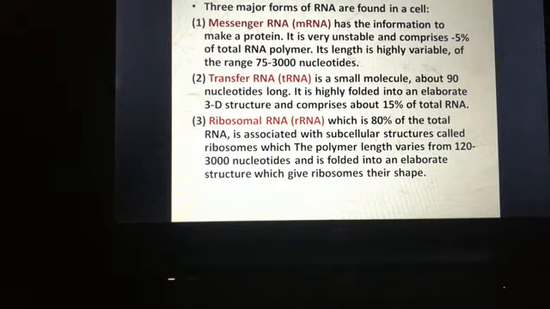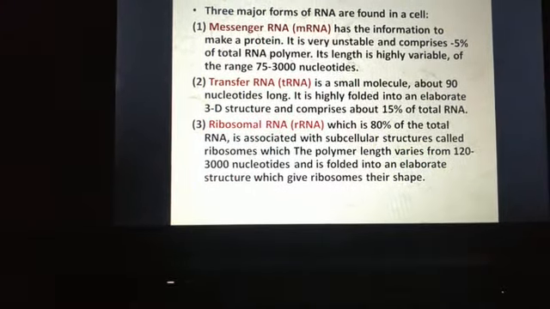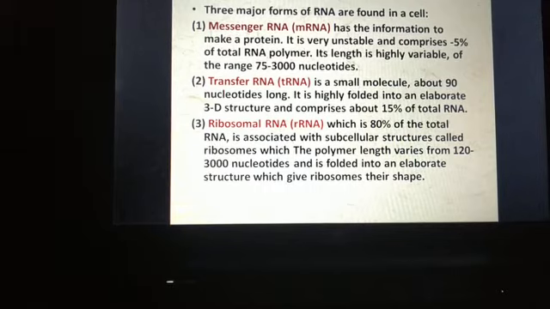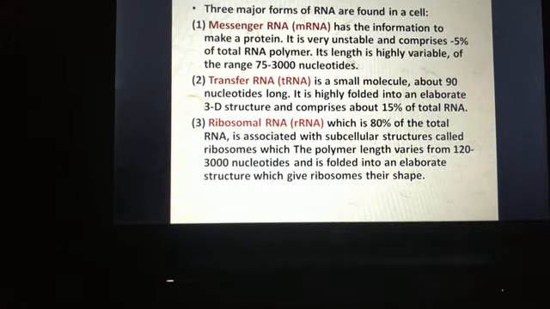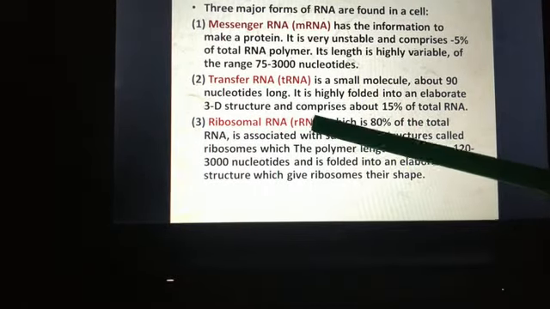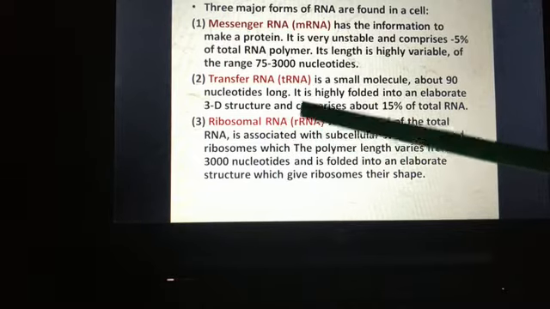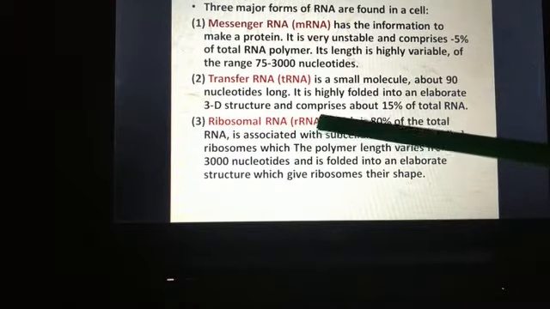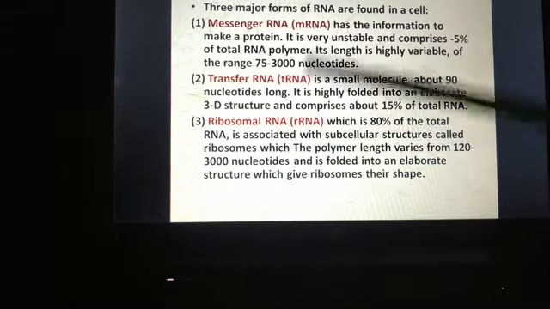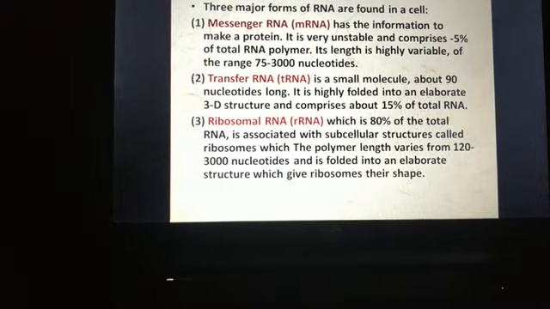The third one is ribosomal RNA, that is rRNA. This rRNA is present in the maximum amount of all the 3 RNAs. About 80% of the total RNA is rRNA, associated with the subcellular structure called the ribosome.